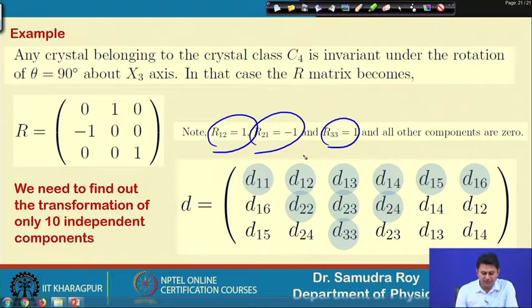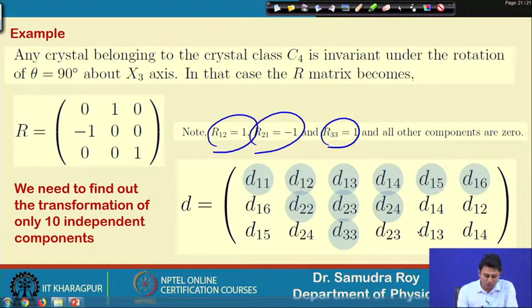The aim here is, if a D matrix is given like this, to find out the transformation of these coefficients. Now you can see that there are only 10 different coefficients. So after the transformation we just need to find these 10 independent coefficients, because the others are the same values.